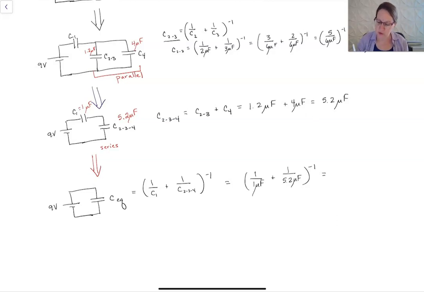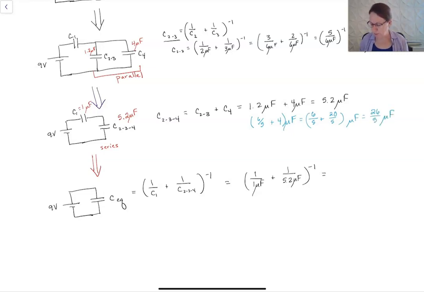You can also write this in fractions: this is 6 over 5 plus 4 microfarads, which with a common denominator gives you 6 over 5 plus 20 over 5, so that's 26 over 5 microfarads if you want.